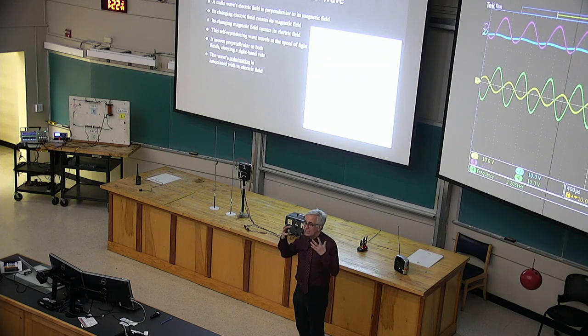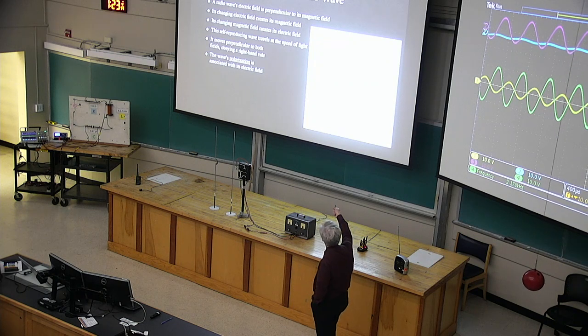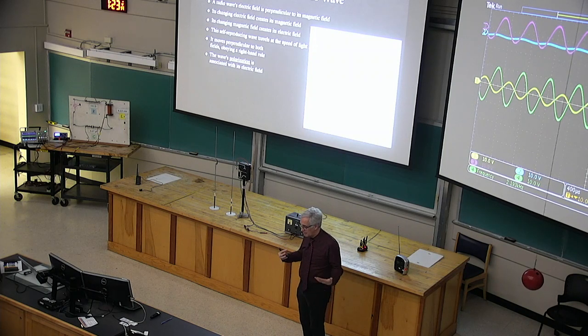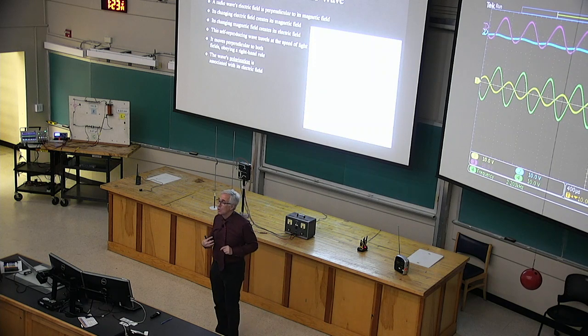Again, in this freeze photograph, you can't see that anything's changing with time. So I've got to bring in time in a minute, and I'll do that with an animation. But there is a magnetic field present at the same location in space as there is electric field, and that magnetic field in this case is horizontal.